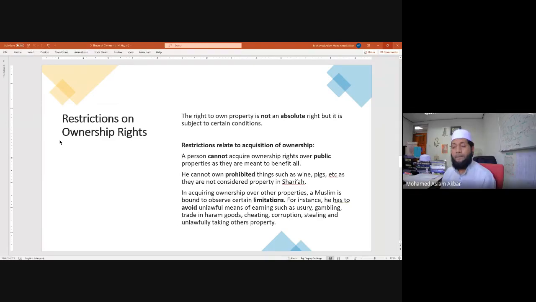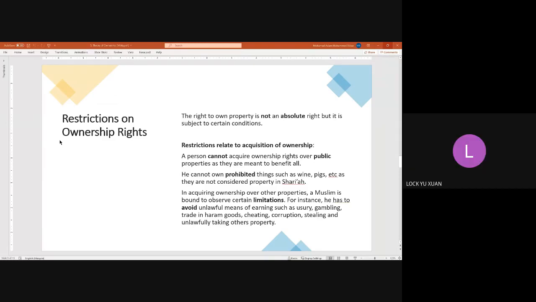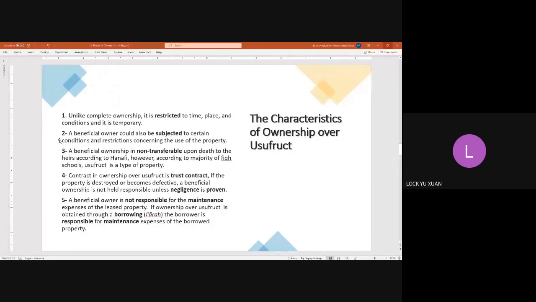No problem. So actually, I want to ask, regarding the ownership over usufruct. Can I say that this concept actually is mentioned, for example, I share with my friend to renting a Grab car or taxi, and because we want to go to the library, our purpose is the same, right?